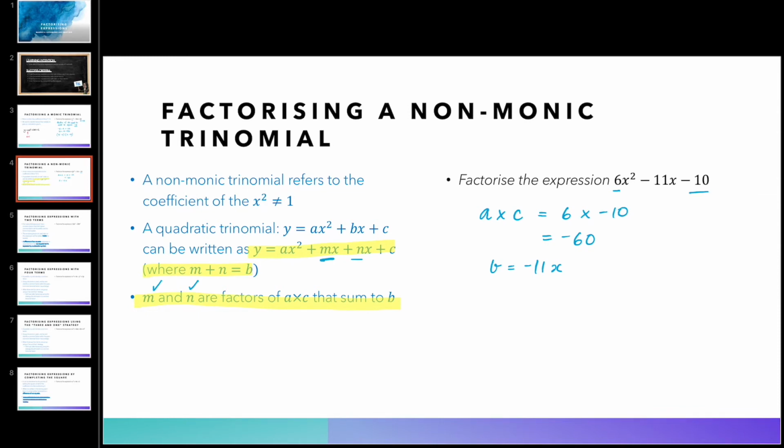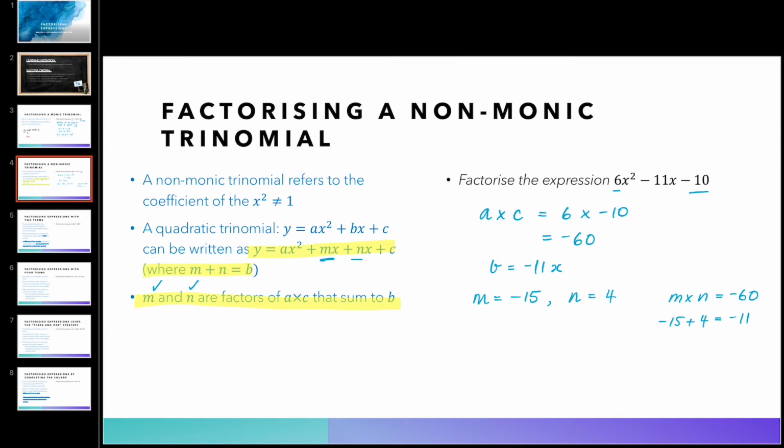Thinking about the fact that c is a negative number and b is a negative number, this suggests that m or n has to be a negative number. Thinking about our factors, I'm going to say that m is equal to negative 15 and n is equal to 4. The reason being, if you multiply those two together, you will get negative 60, and if you add negative 15 plus 4, you will get negative 11.